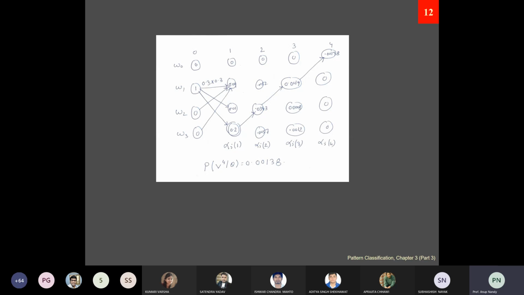Firstly, your job is to compute alpha j1, meaning in this particular hidden state. Then alpha j2, alpha j3, and alpha j4 you have to compute. Then you have to see which one is the maximum path, the maximum value of alpha j that you have to compute here.